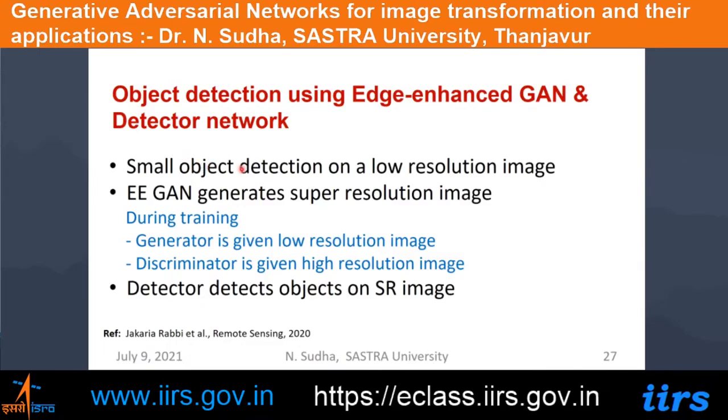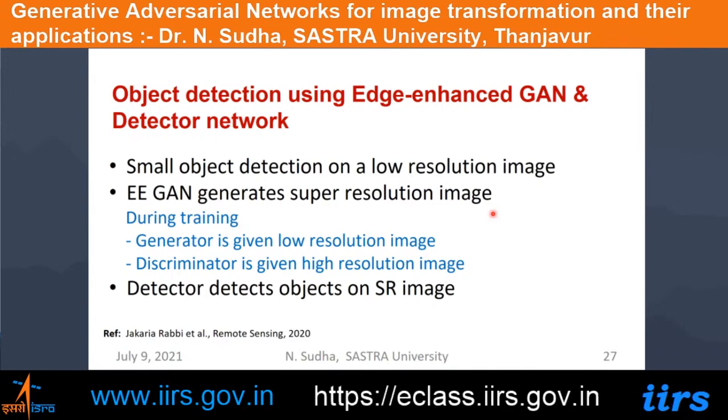Here, from the low resolution image, they try to detect the small objects. They have something called edge enhanced GAN, which generates the super resolution image. The main purpose of the GAN here is to generate the super resolution image from the low resolution image.